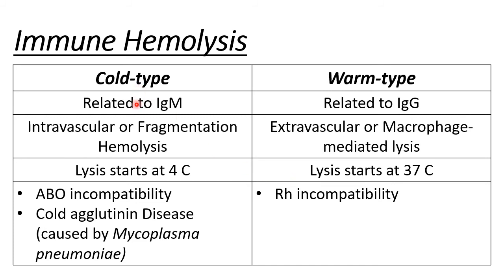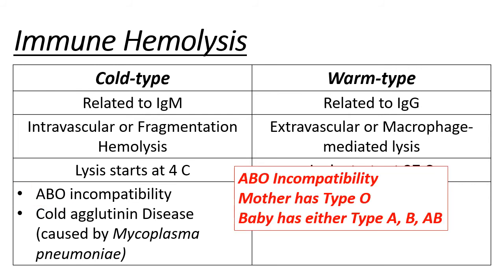Tingnan natin sa cold type, ABO incompatibility. In ABO incompatibility, ano ang patient setting natin dyan? The mother has type O and baby has either type A, type B, or type AB. So ano ang problem natin dito?